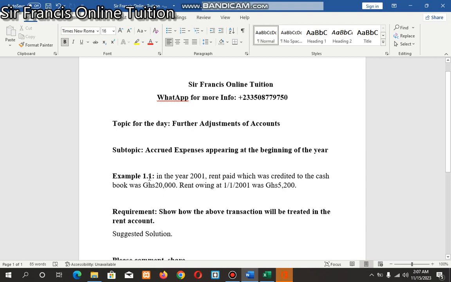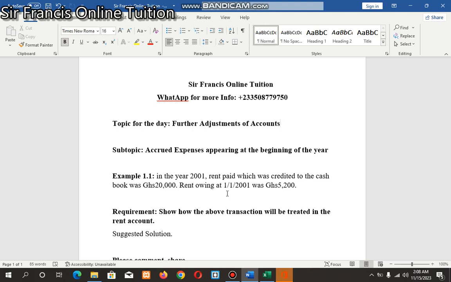Here the current accounting year is 2001, but this amount is relating to the previous year, which is 2000. So the 5,200 should be taken out of the total amount that we've paid for the current year, which is 20,000. I hope you've gotten it.